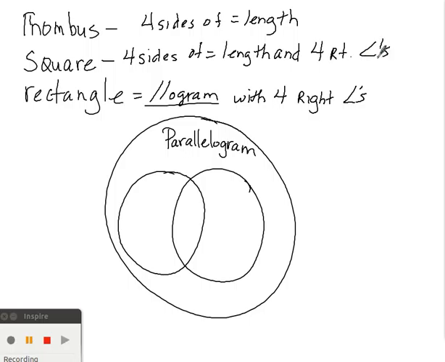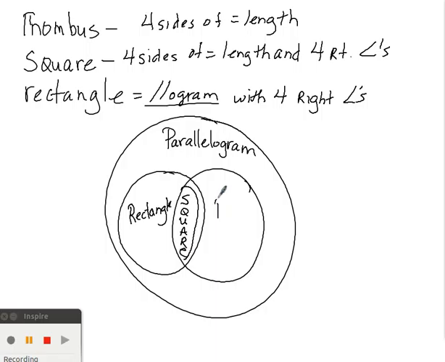So this is where we come into, is every square a rhombus? Is every rhombus a square? Is every square a rectangle? Is every rectangle a square? So if we draw a Venn diagram, it might help you. So we're going to put rectangle here. Since a rectangle has to have four right angles, but it does not have to have four equal sides, we can put square right here, which shows that every square is a rectangle, but not every rectangle is a square.